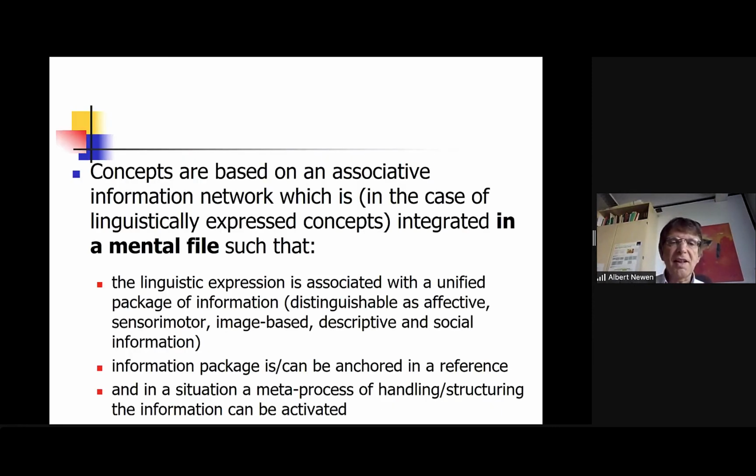So this example illustrates what a mental file is, and of course, this idea of mental files has a lot of advantages in being helpful to characterize informative identity statements and so on.